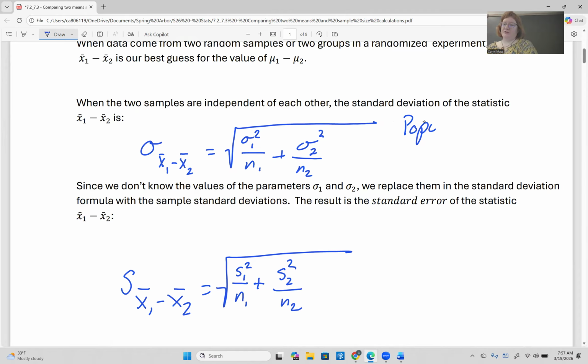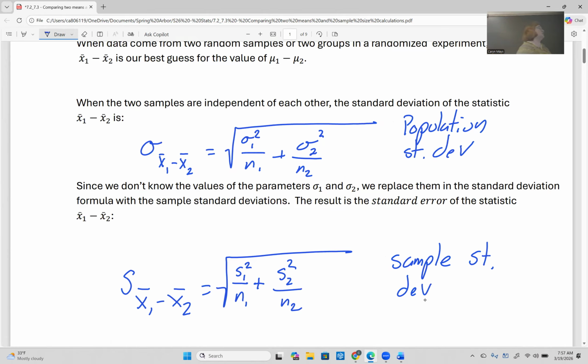So this is population standard deviations. We are replacing them with the sample standard deviations. And so it pulls back to chapter 1, where if we're just given data, we're going to need to find the standard deviations. And there are the steps in the calculator to do so.